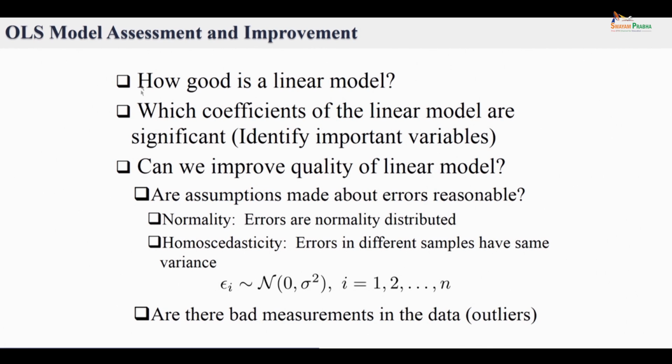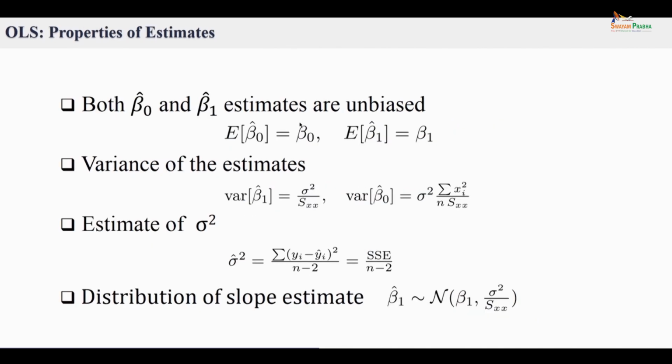And so, we will look at the first two questions in this lecture, which is to assess whether the linear model that we have fitted is good, and how do we decide whether the coefficients of the linear model are significant. So, before we start, we need to derive some properties of these estimates that we have derived.